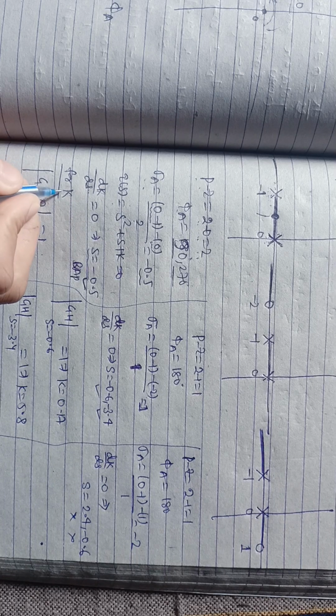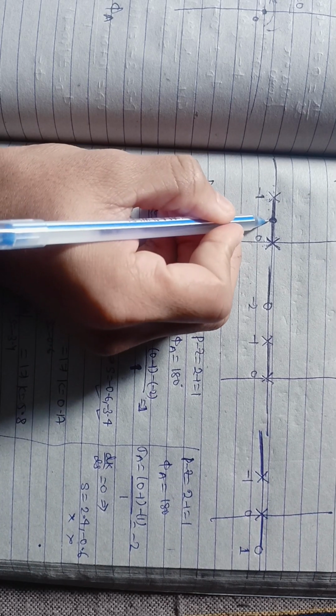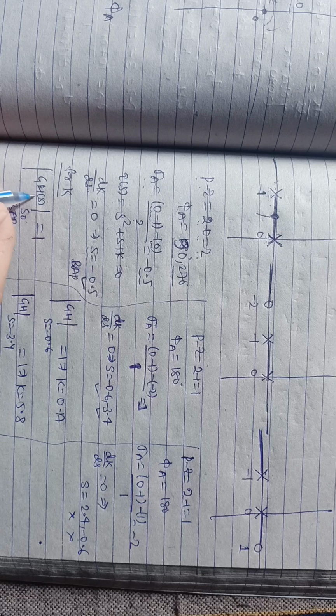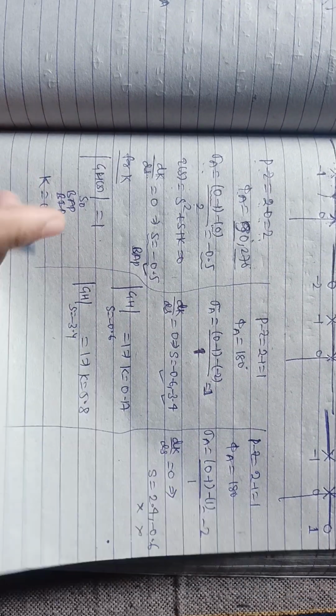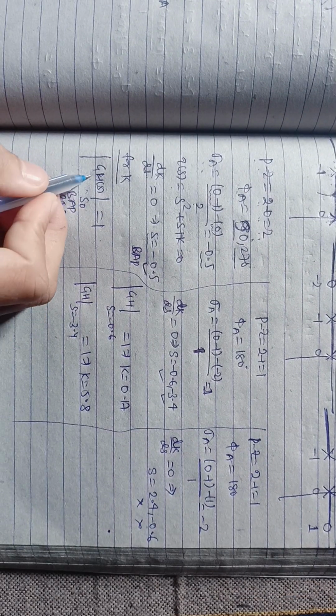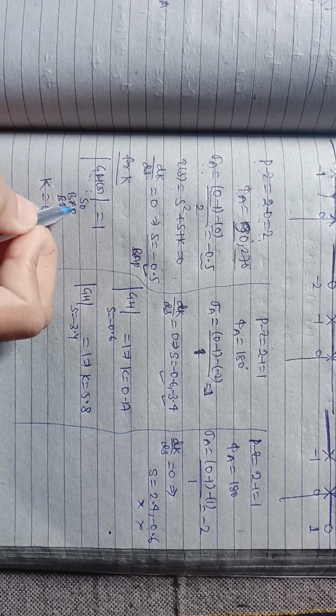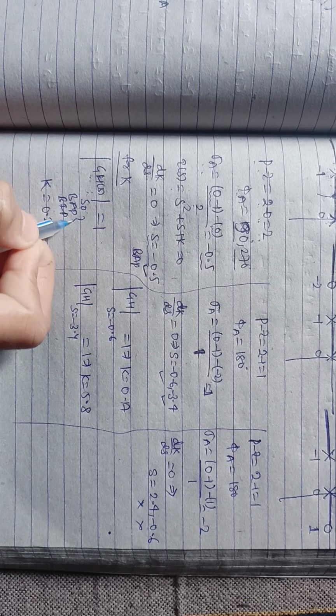And to find the value of K at the saddle point, we have to use the magnitude condition, that is the magnitude of GH at the breakaway point or saddle point equals 1.